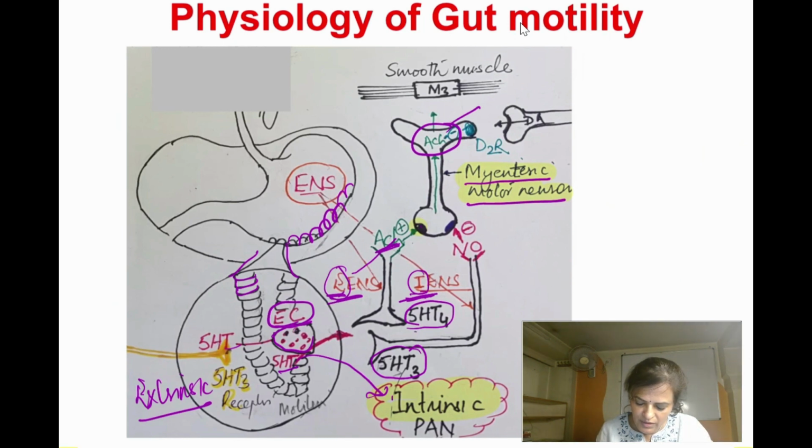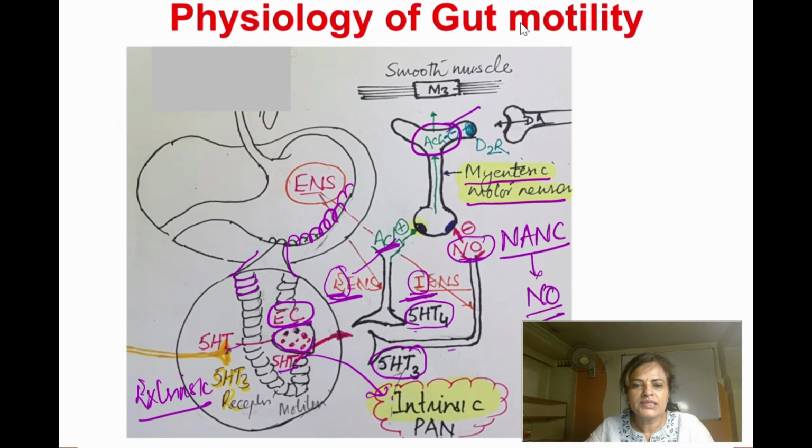Whereas with the inhibitory neuron there is a release of NANC, that is non-adrenergic non-cholinergic neurotransmitter, that is NO, nitric oxide, and this is going to cause a relaxation.